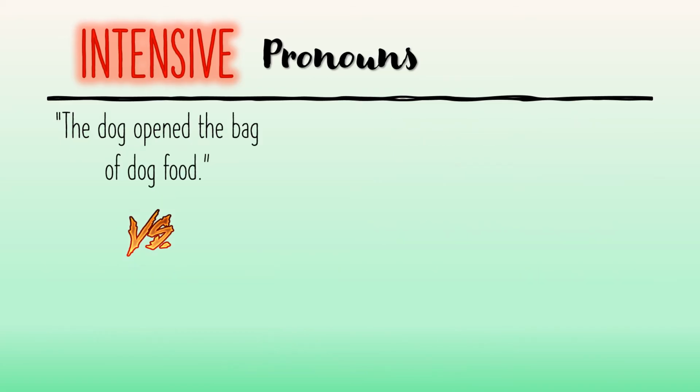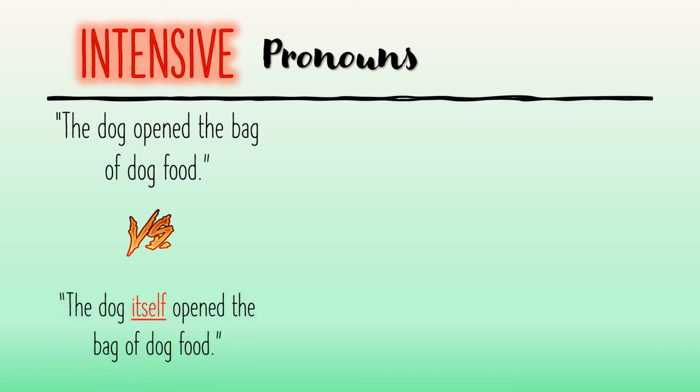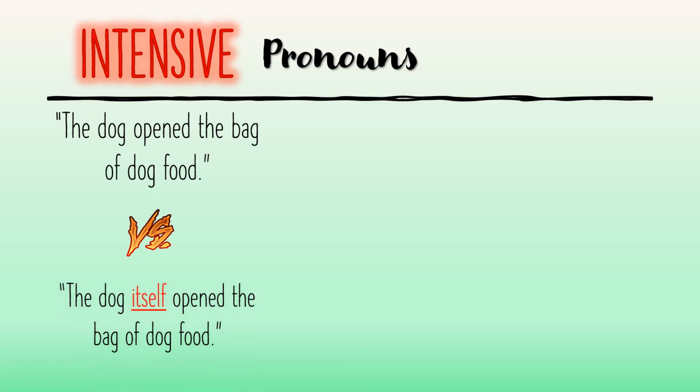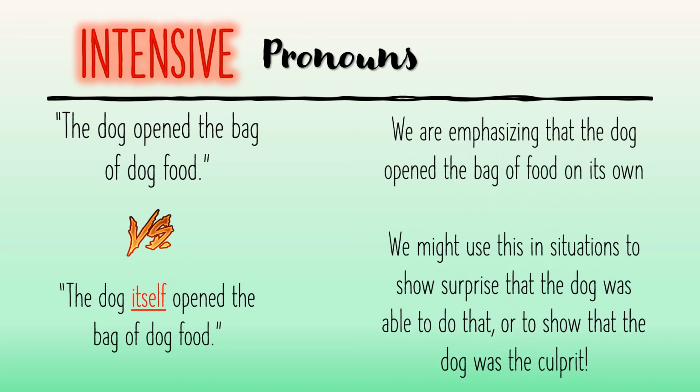So let's look at another example of adding an intensive pronoun to a sentence. Our original sentence here says, the dog opened the bag of dog food. If we add an intensive pronoun, we might say the dog itself opened the bag of dog food. By adding that intensive pronoun itself, we're emphasizing that the dog opened the bag of food on its own.